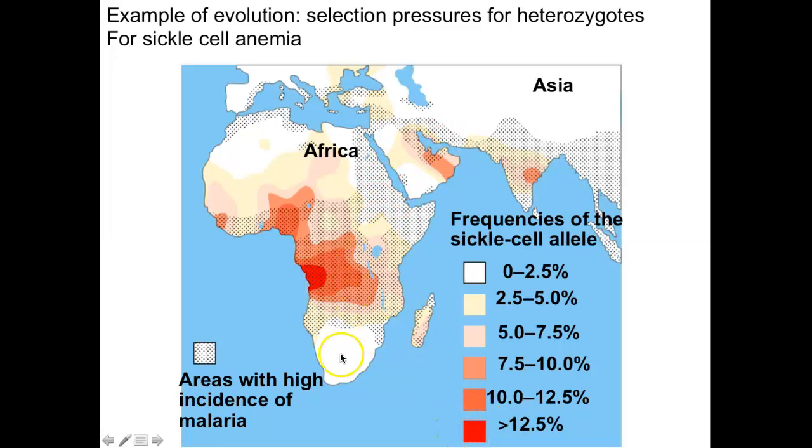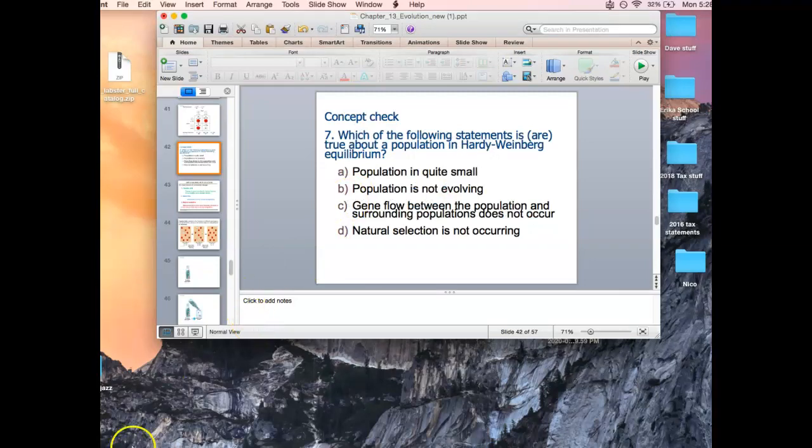As you go away from the malaria, like the tips of Africa or more inner Asia, the allele frequency for sickle cell goes way, way down because you don't have that pressure of malaria. So you'll see allele frequencies fluctuate depending on your environment. In this case, for humans, the environment includes malaria, which would cause you to have more frequent sickle cell alleles. All right, that's it.